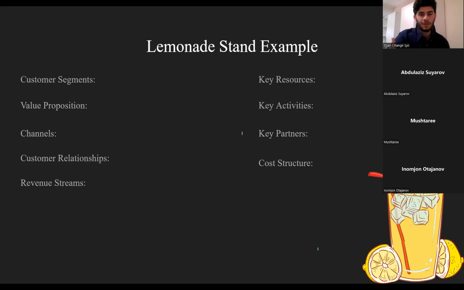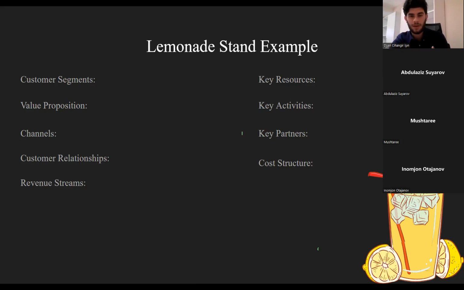The key resources, the key things that you need to keep this business going, are, as Miss said, you're going to need lemon, water, sugar, and cups.